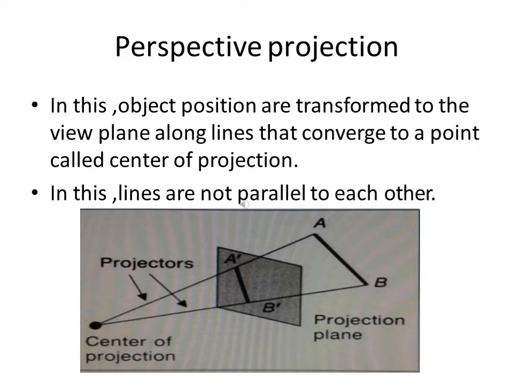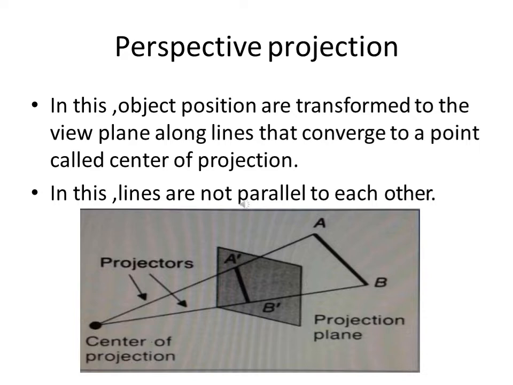A vanishing point can be defined as a point in the image plane where all parallel lines meet. The vanishing point is also called the directing point. Perspective projection is realistic but tough to implement.